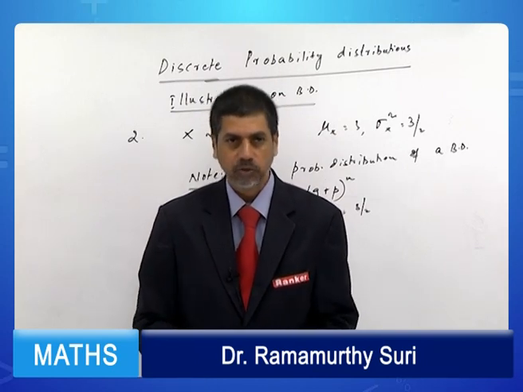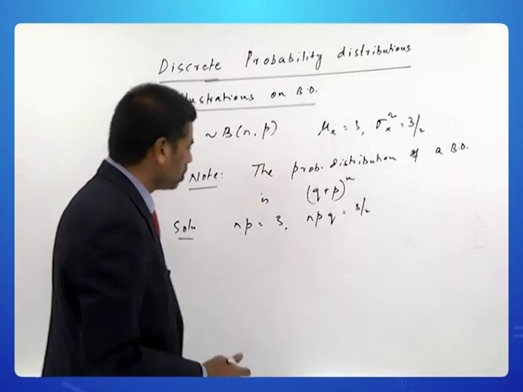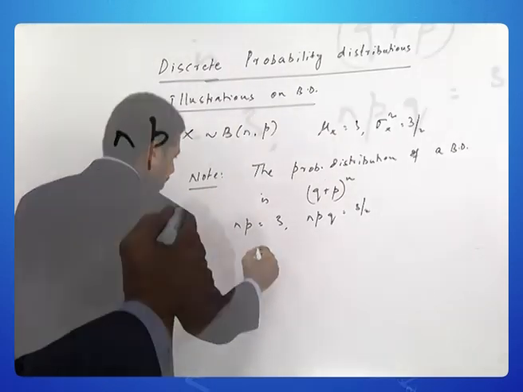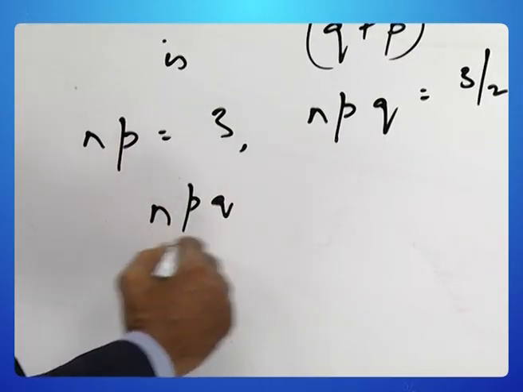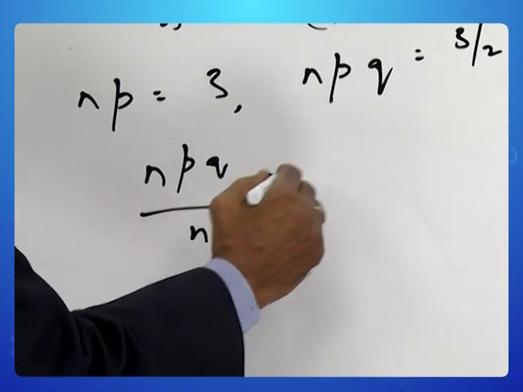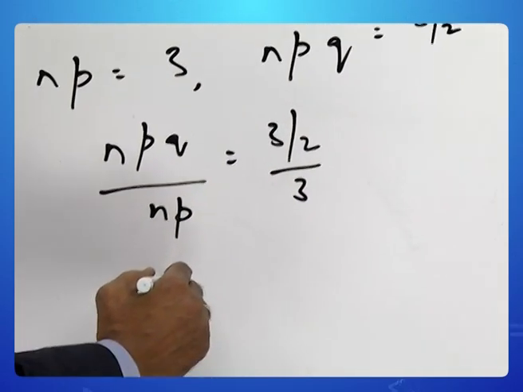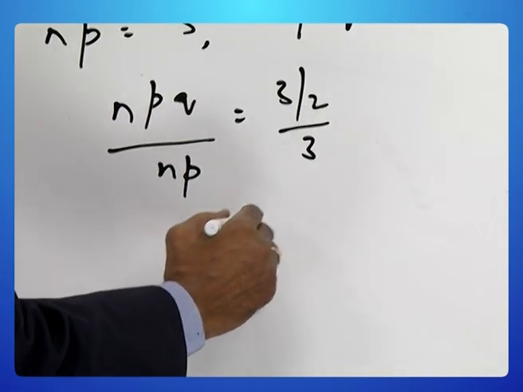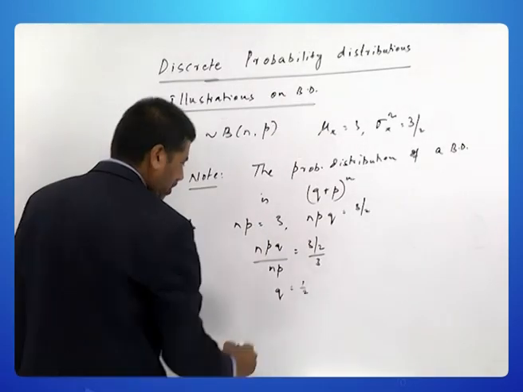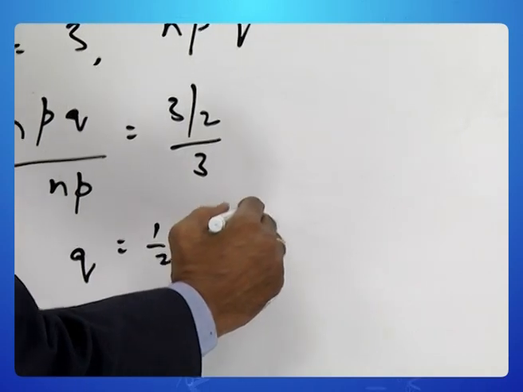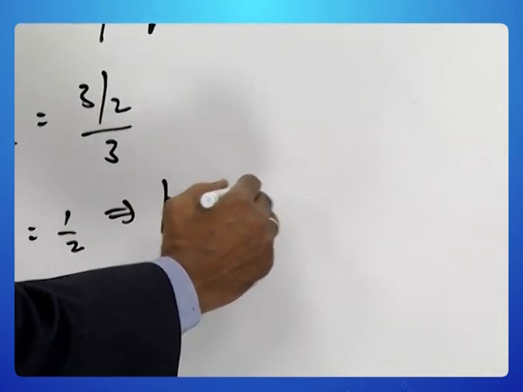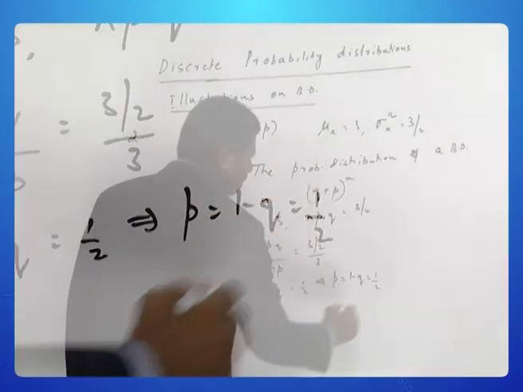So, effectively it is only 2 unknowns. So, the easiest way is to divide npq by np is equal to 3 by 2 divided by 3. So, this gives q is equal to half. Once q is half, p is 1 minus q, which is also half.